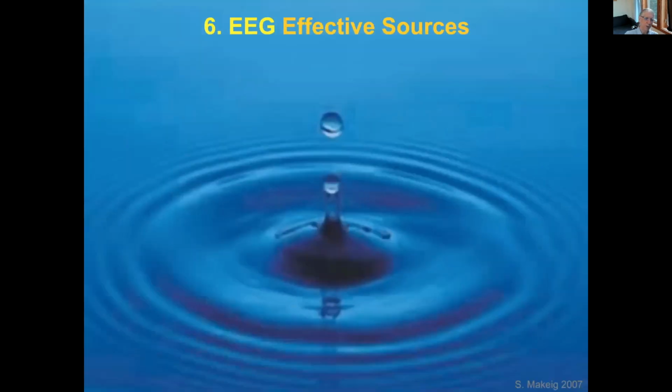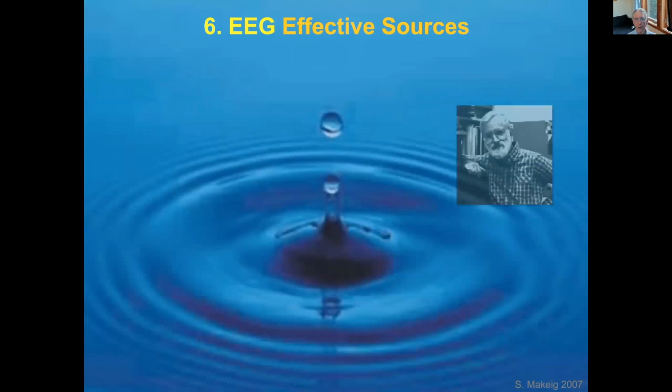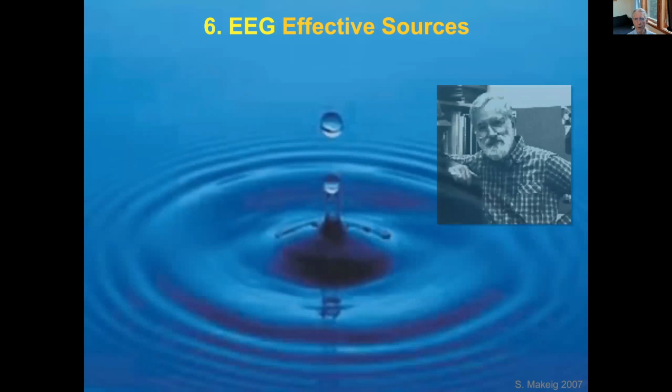Now, what's the idea of an effective source? This is a picture of a pond ripple, and this is Walter Freeman. He put little grids of electrodes on animal cortex about the size of my little fingernail, and recorded the phase of activity, he liked to look at gamma frequencies.